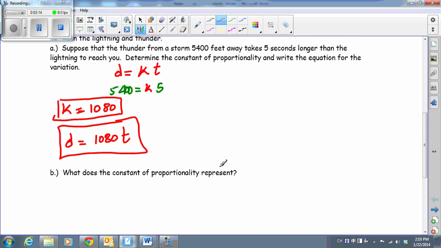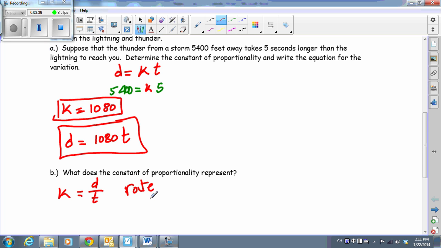It says, what does the constant of proportionality represent? Well, one way of finding k is to say it is the distance over the time. In other words, it's the rate. I will call it the rate because it's the distance over time.